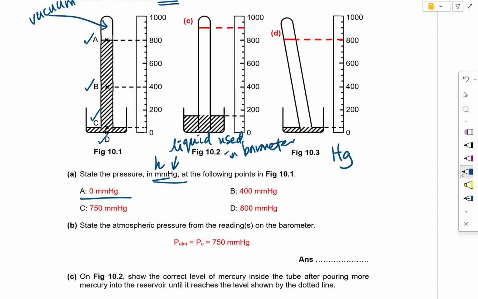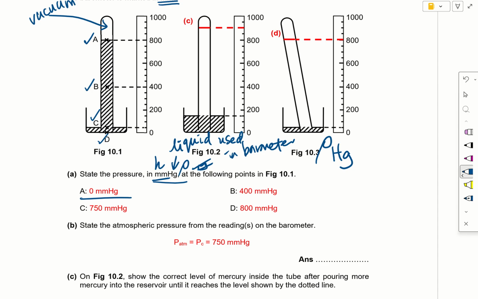So we are not just using the mercury, we are using the density of Hg. So we have h, we have density. Where is our g? The g is not included here because everybody stays on Earth, so there's no need to talk about g.